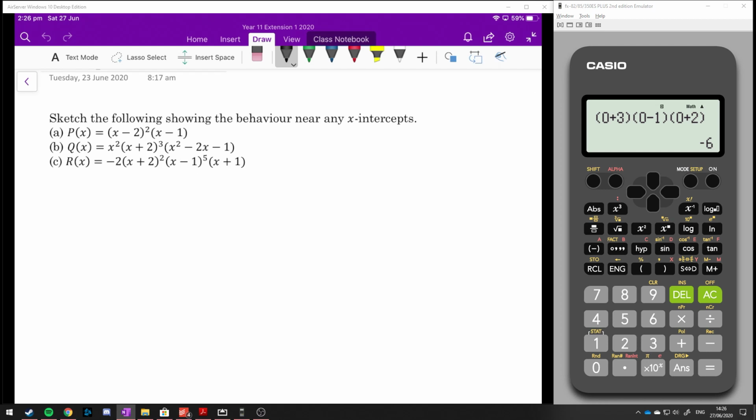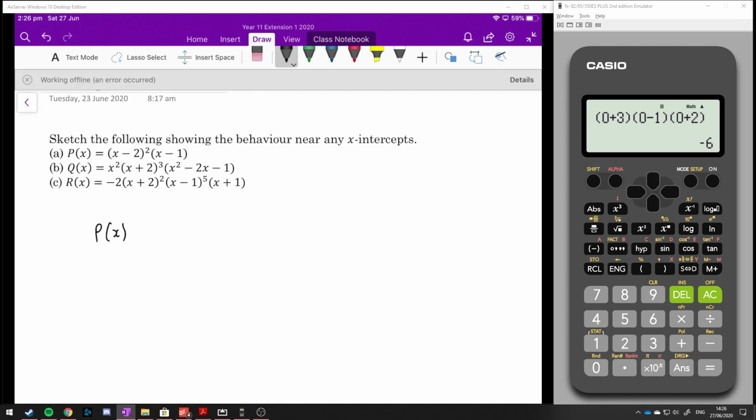So we'll start with p of x. I'm going to draw up a Cartesian plane, and my two roots I quickly can see are at 1 and at 2. Those are my roots. Now, x minus 2, this one here, is it positive or negative? As you can see with this one, it's positive because there's technically just a 1 sitting out there, but this one down here has a negative out the front.